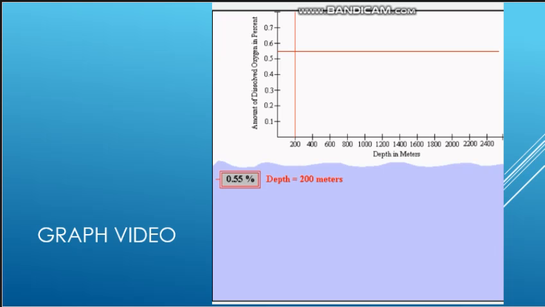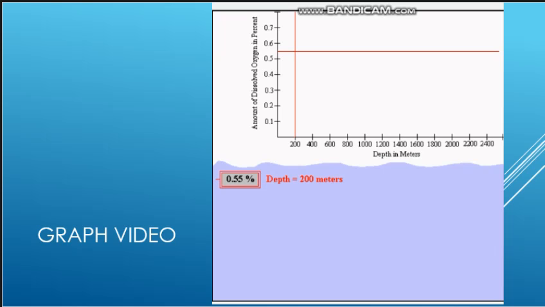Now, 0.55 is not actually listed on the y-axis, but you can figure out where it is. What you have listed on the y-axis is 0.5 and 0.6. 0.55 is halfway in between the two. So the point halfway in between 0.5 and 0.6 on the y-axis would represent 0.55. Now look what happens.